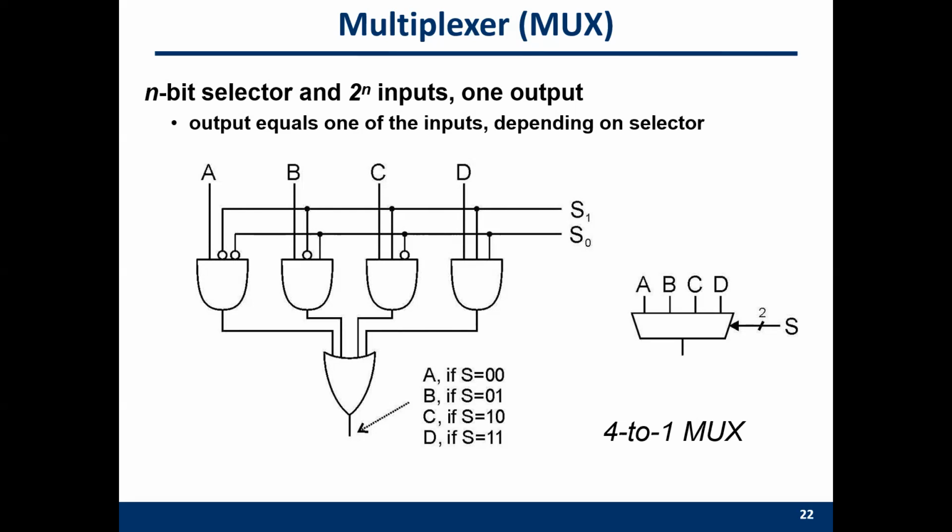We can select 1 of these by setting the S. If we set it to 2, then we select 2. I'm sorry, in this case, we select 2. If we set it to 1, then we select 1.